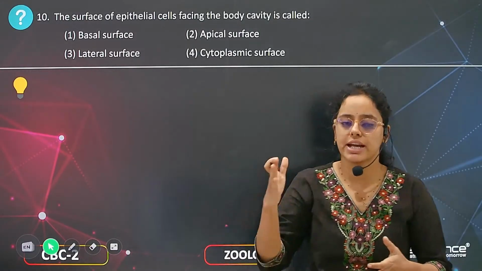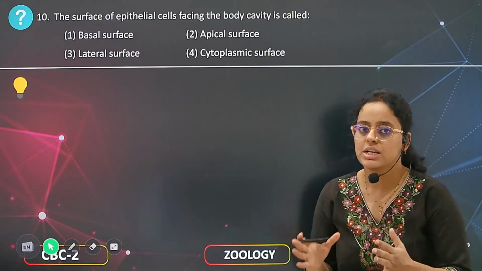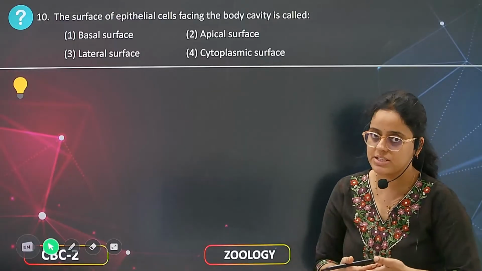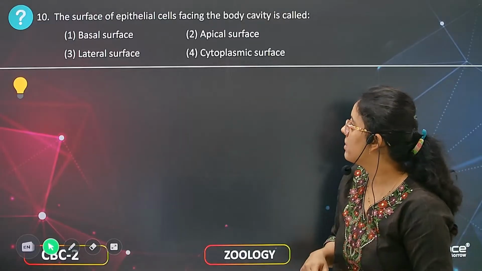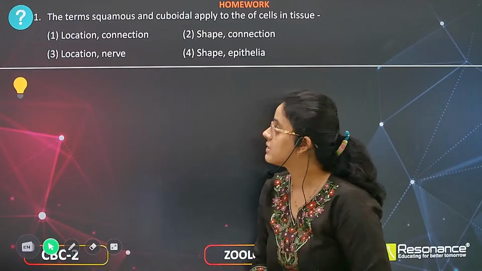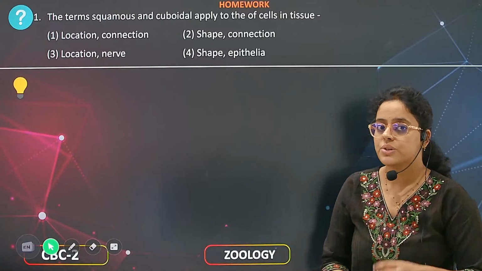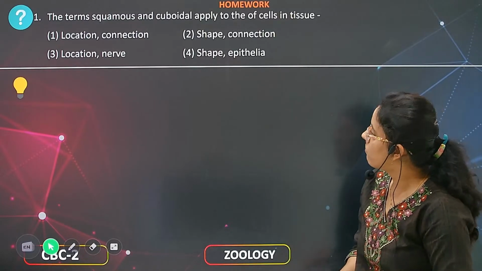Inside the body cavity, these are forming the lateral surfaces, not the basal surface, not the apical, which means the upper side, and not the cytoplasmic surface. Okay, so here the term squamous and cuboidal apply, this is homework for you.